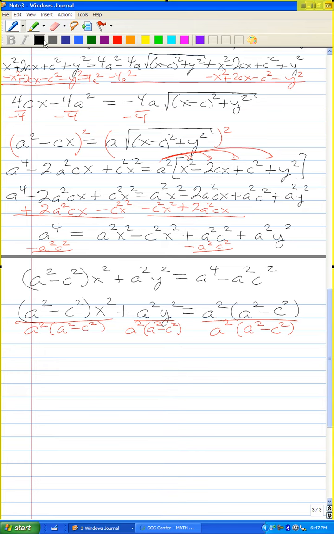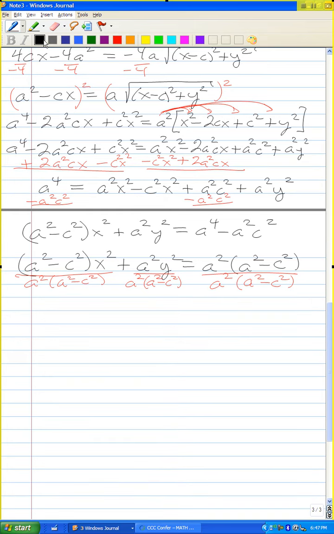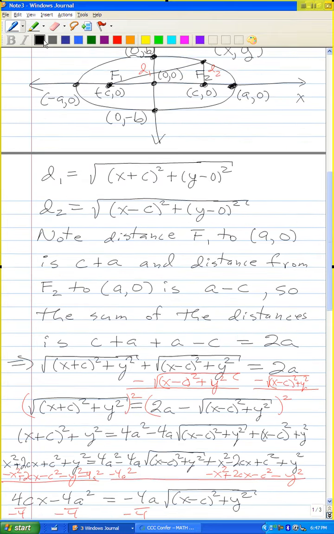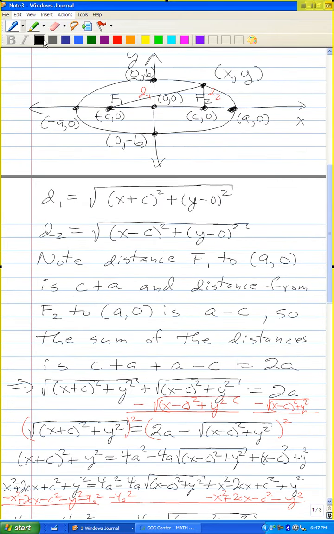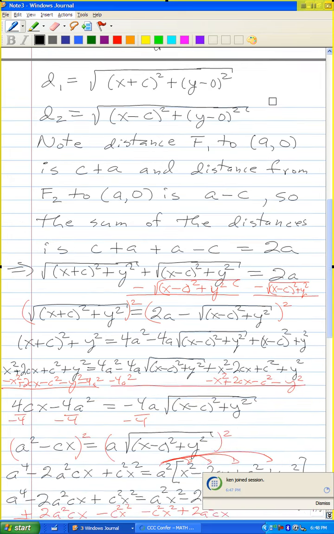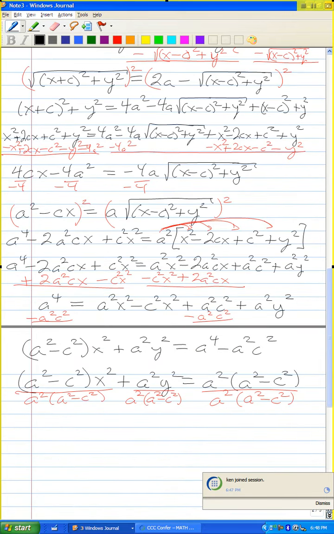And so, of course, assuming that a is not equal to c, meaning that if a and c were the same, then we would have, I guess, a degenerate sort of circle, and we don't want that. And so everything cancels here.